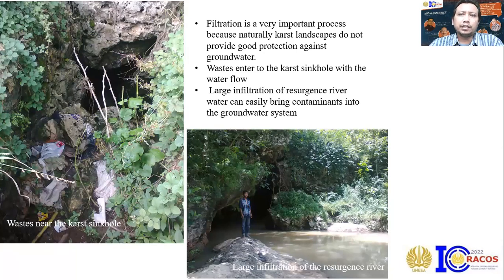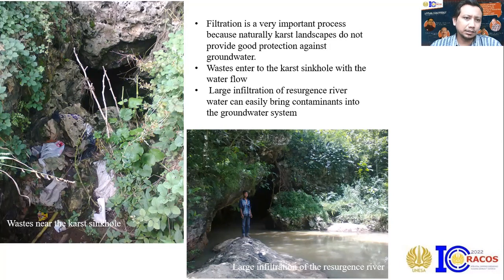Filtration is a very important process because naturally karst landscapes do not provide good protection for groundwater. Water enters the karst sinkhole with the water flow. Large infiltration of resurgent river water can easily bring contaminants into the groundwater system.